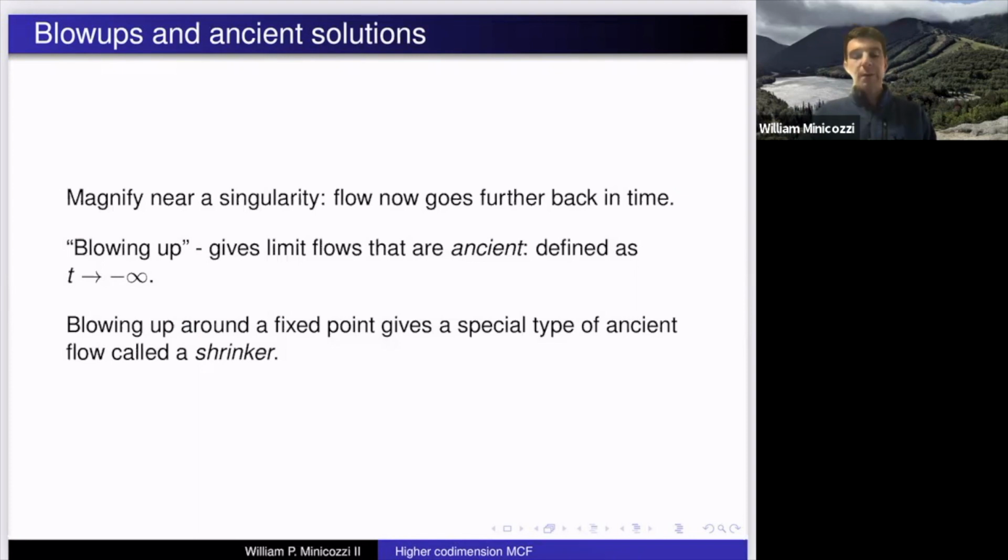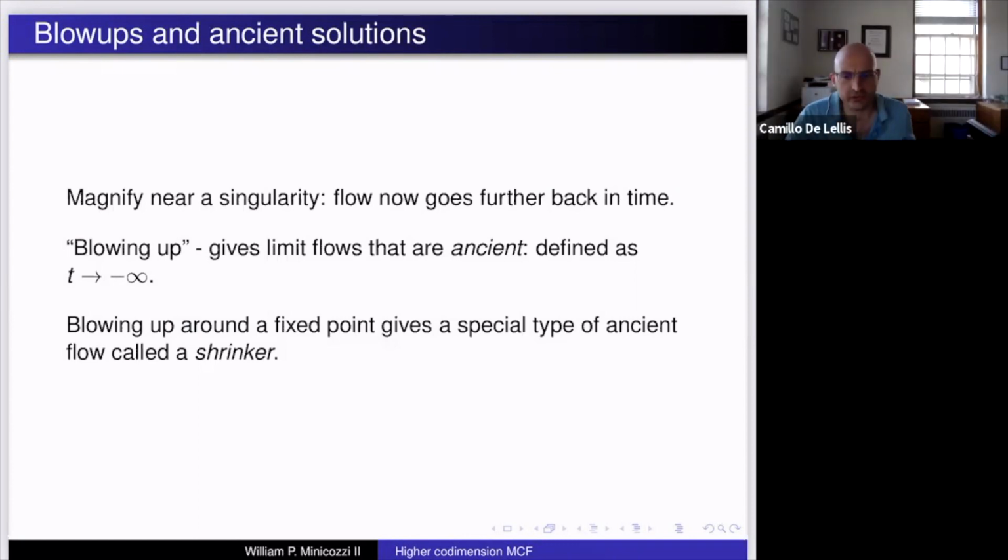Okay, they model the behavior of flows at and near singularities. There's one very special type. Just like we had cones for the blow-up process of minimal varieties, the ones that are now dilation invariant under this blowing up process are called self-shrinkers, or self-shrinking solitons for the flow. And I'll just call them shrinkers.